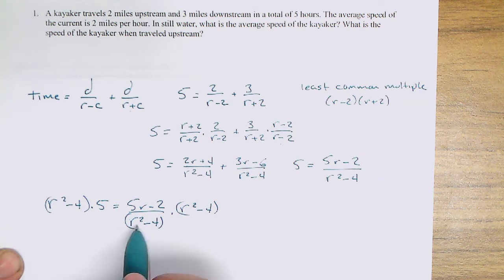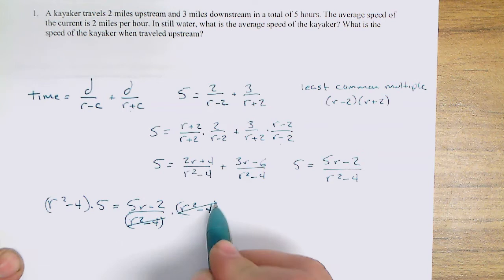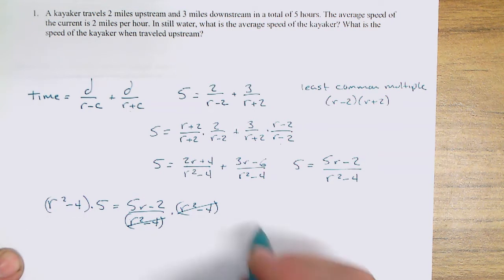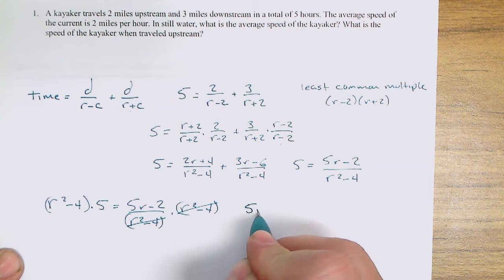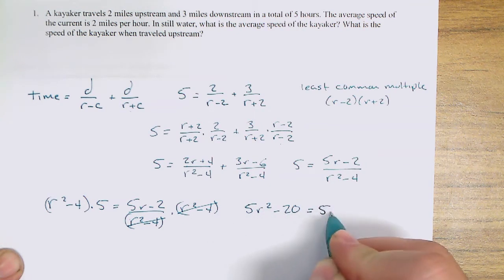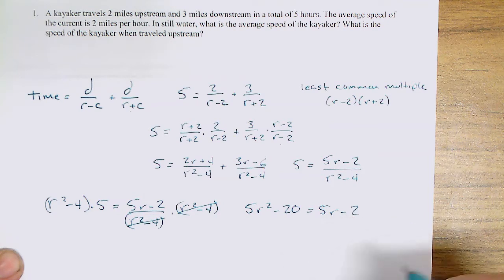So over here, since the factor is now in the numerator and the denominator, they cancel out. Here, I need to distribute my 5 to both terms. So I have 5r squared minus 20 equals 5r minus 2.